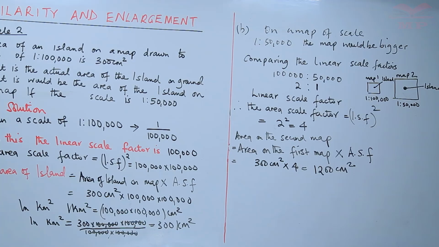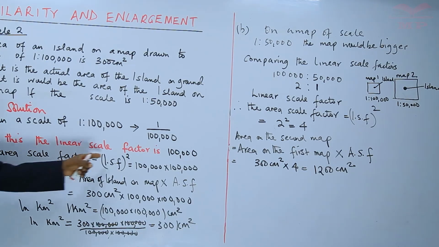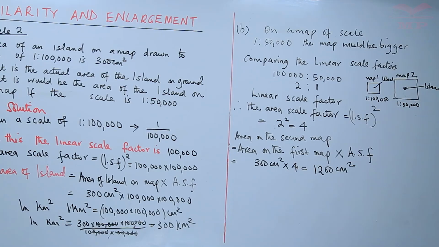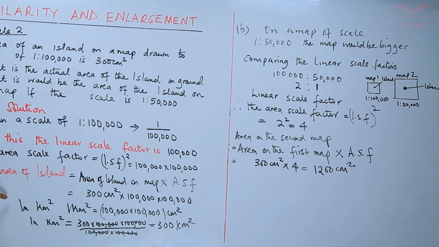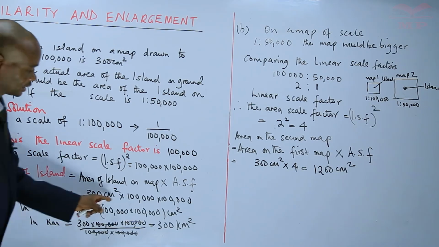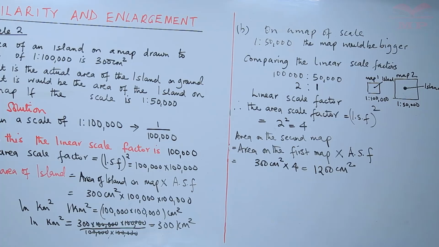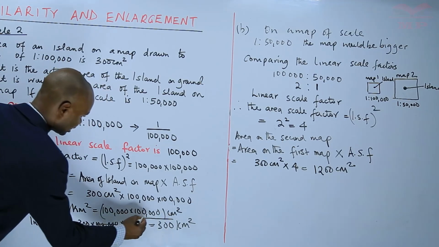So just a recap of what we've done. We started with the linear scale factor and then got the area scale factor. So the actual area is the area on the map times the area scale factor. I said you could have just ended there.